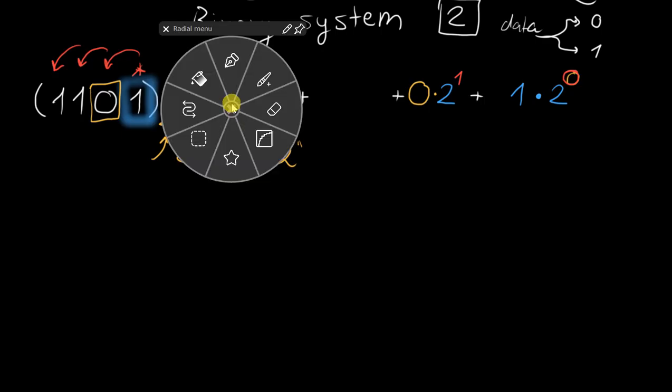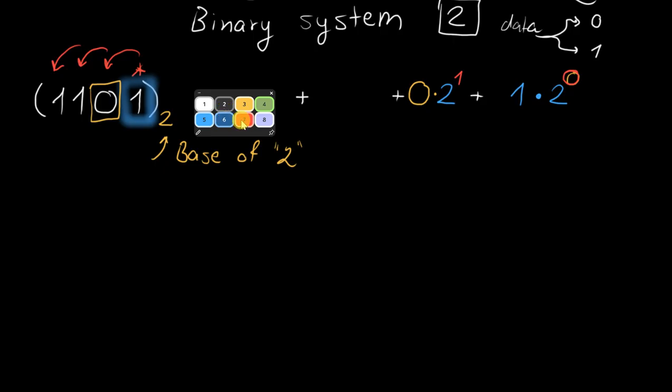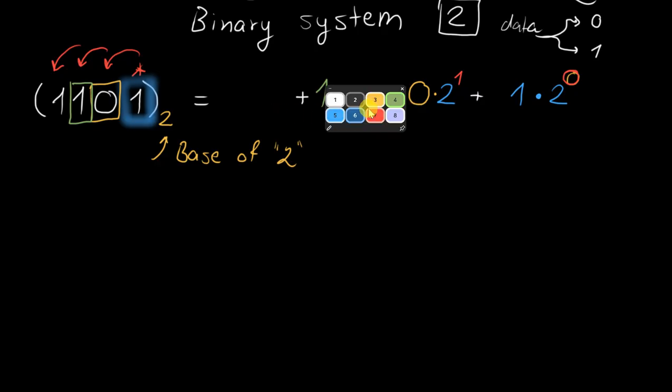Let me choose a different color, green. Now we're looking at this number, the number 1, times our base number, which is 2. I did mix up the colors, that I apologize. Now the power increased by 1.